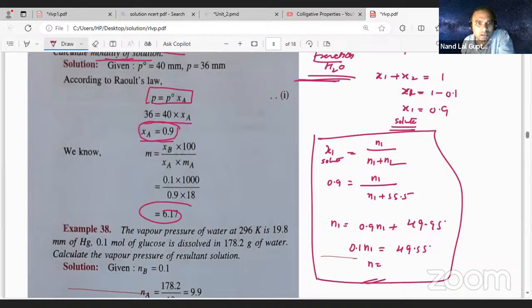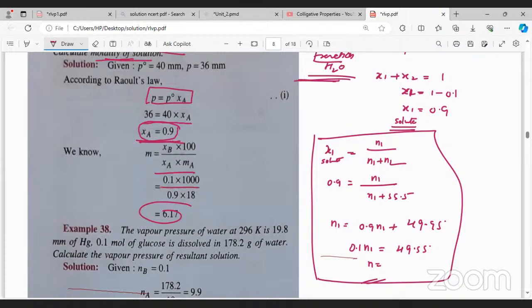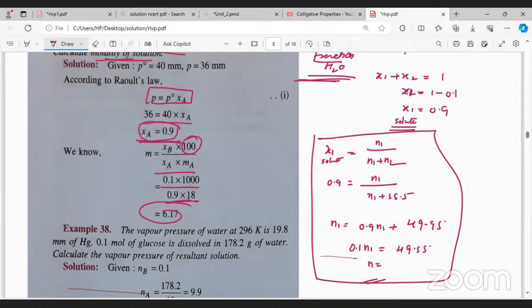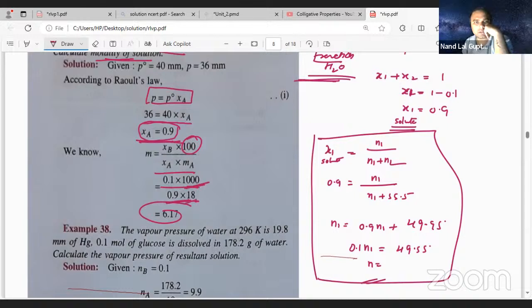Somewhere it is missing. Here you see x1, they have considered xa. So m is equal to xb upon xa upon ma. They are doing the molality directly using the formula of molality. Here they have taken 100, then they are doing 1000, then 18, as this is water.